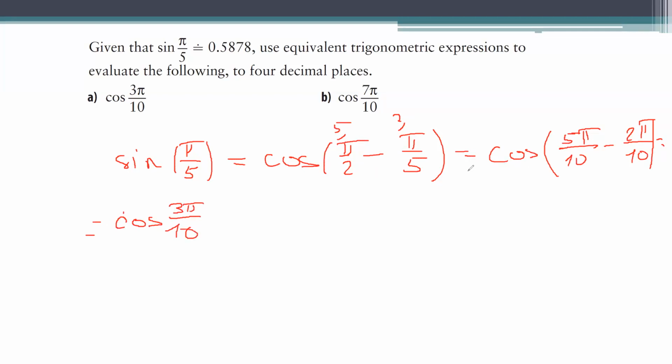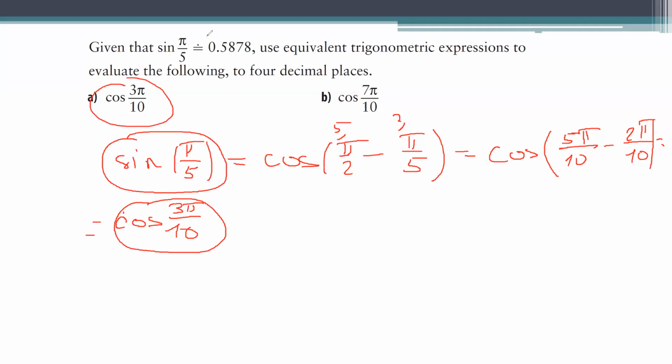You see? Now we used equivalent trigonometric expressions and we showed that sine pi over 5 is equal to cosine of 3 pi over 10, as it says here.